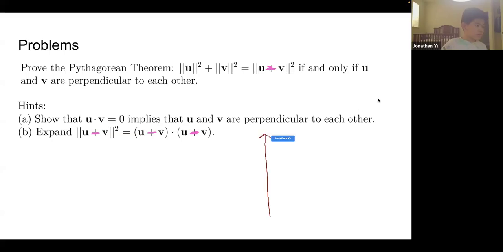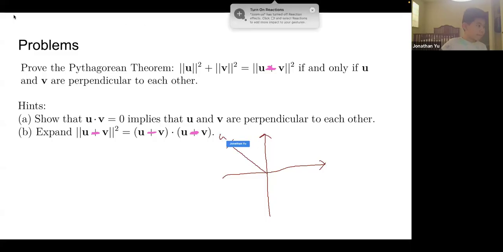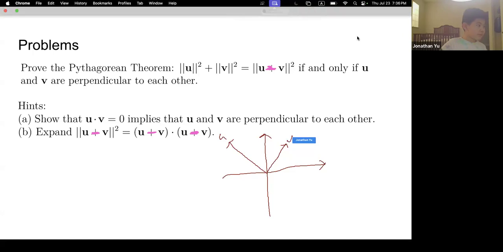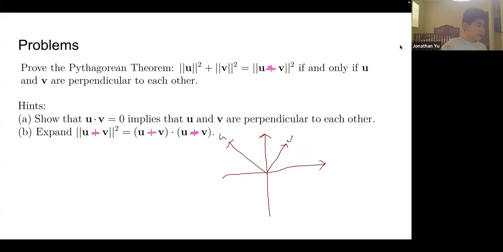And this is equivalent to the Pythagorean theorem because if this vector is u and this vector is v, then this vector is u minus v. So then the Pythagorean theorem states this length squared is this length squared plus this length squared if and only if this is a right angle.